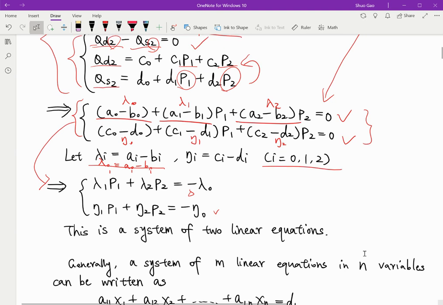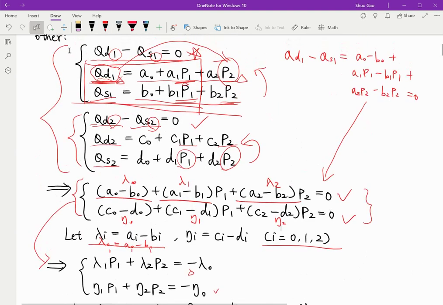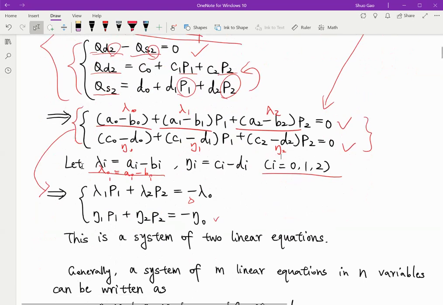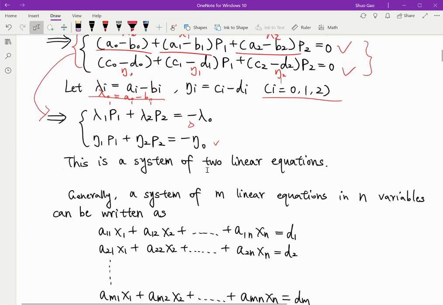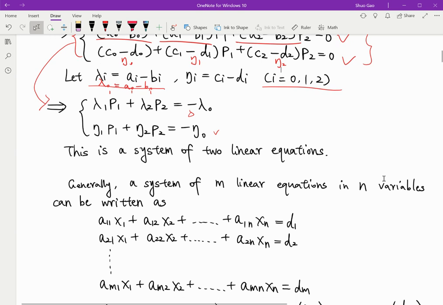Okay. So now we change the 6 original equations into just 2 smaller equations here. So we call this a system of 2 linear equations. In these 2 equations, we have 2 unknown variables to solve.